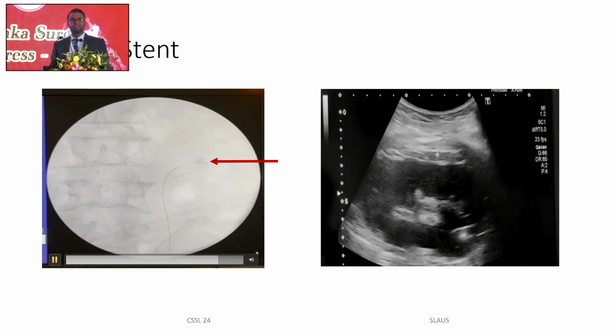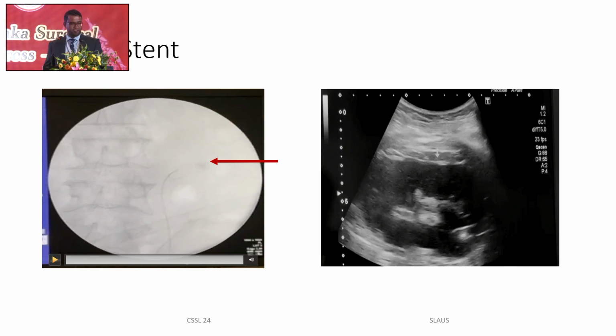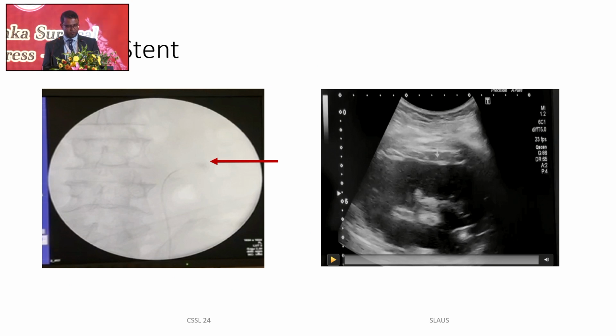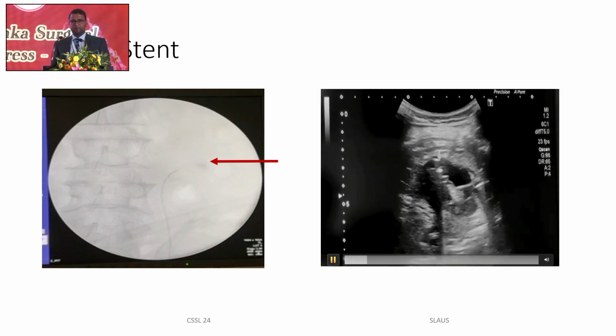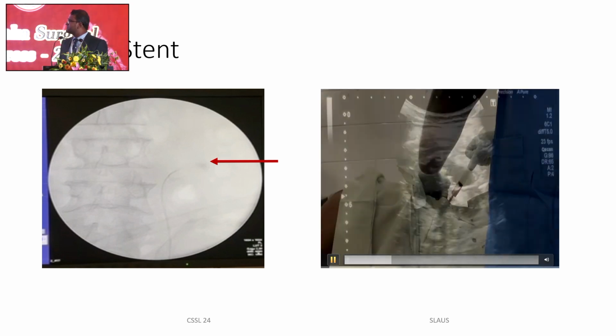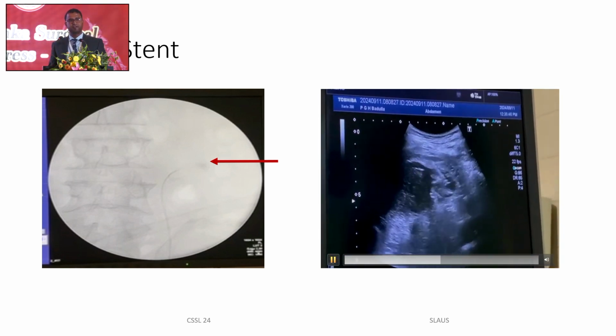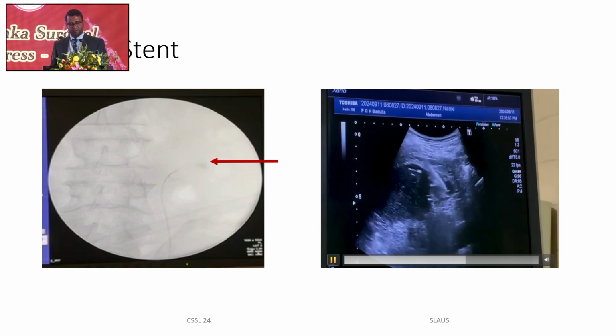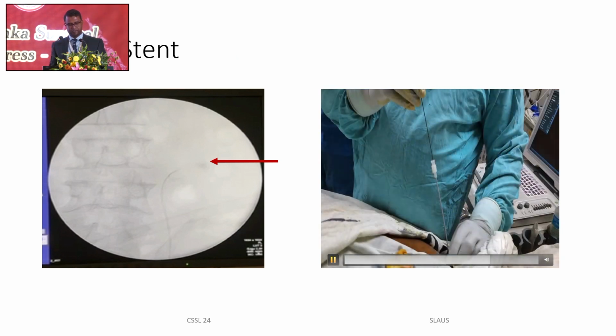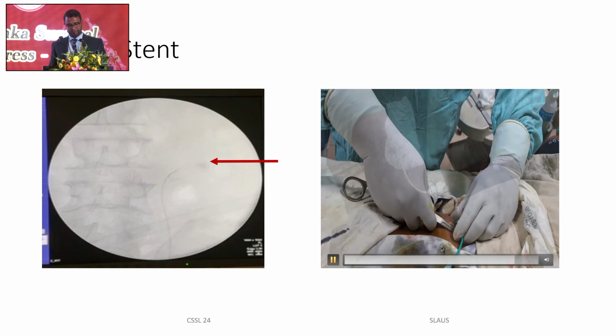So we seek the advice or help from our radiology colleagues, and they do a marvelous job for us. They do the scan, there's a pyelonephrosis and abscess, and they drain it with the PCN. You can see the amount of pus draining after the procedure.